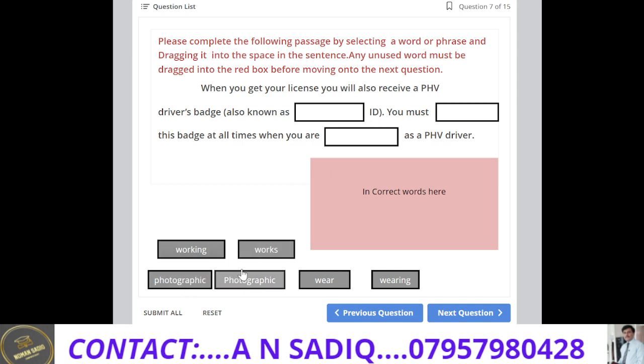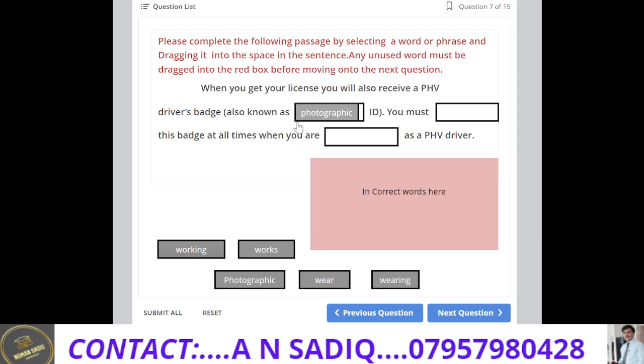But remember and see carefully here, one photographic is starting with a small letter and the other is starting with a capital letter. It is in the middle of the sentence. If the word is in the middle of the sentence and it is not a proper noun, then you must use the small letter. So we will use photographic with a small letter p.